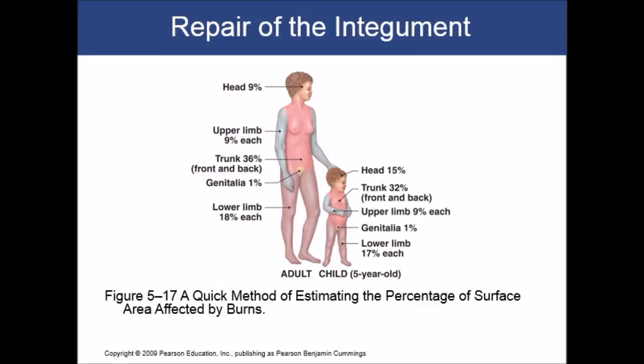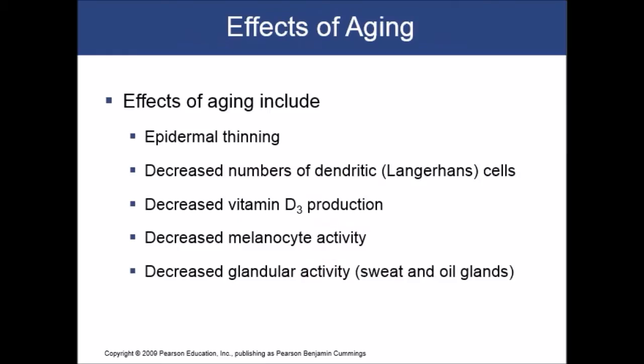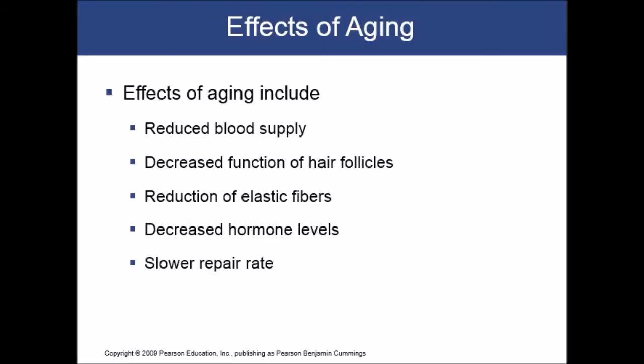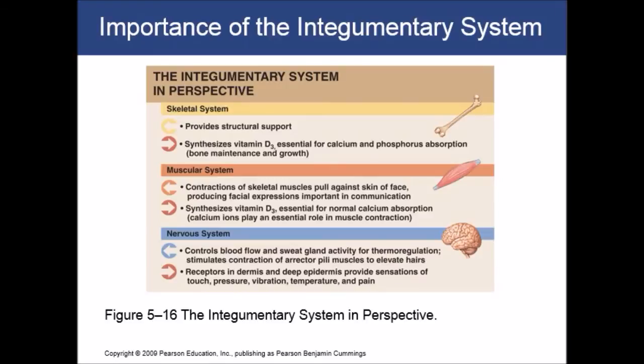Okay, and the rule of nines is also important. Rule of nines. We mentioned that before. It's this picture. Aging, everything deteriorates. Just take it as is. Everything deteriorates. That's it for this one.